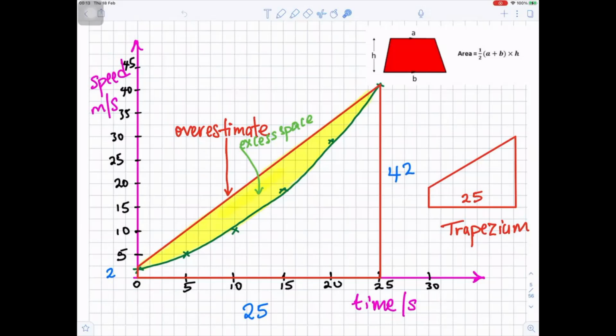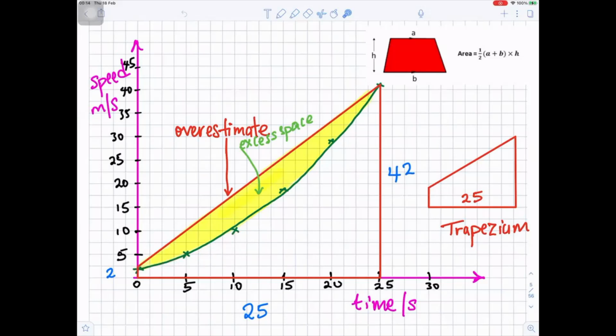So we have 0, 2, we mark that first point. 5, 5, we mark that point. 10, 10, we mark that point. 15, and we mark that point. With 20, we mark all the points and join them with a curve.